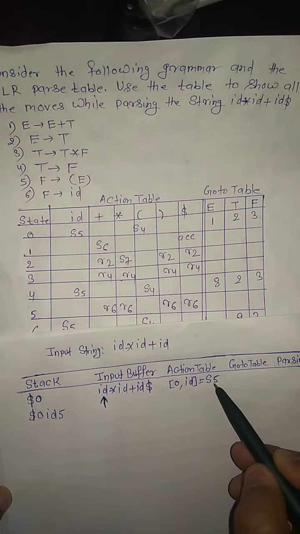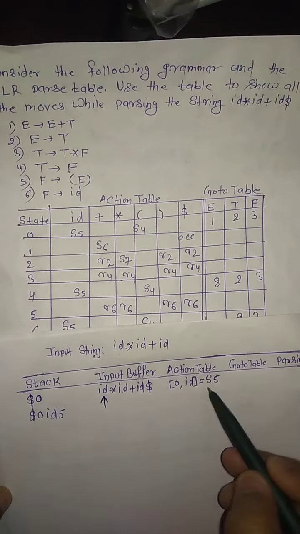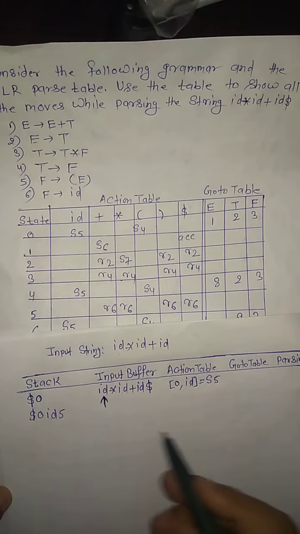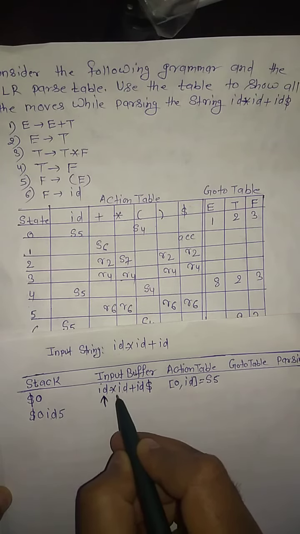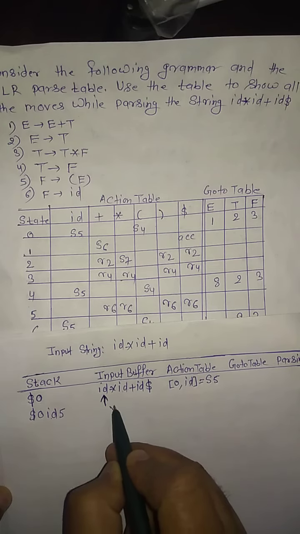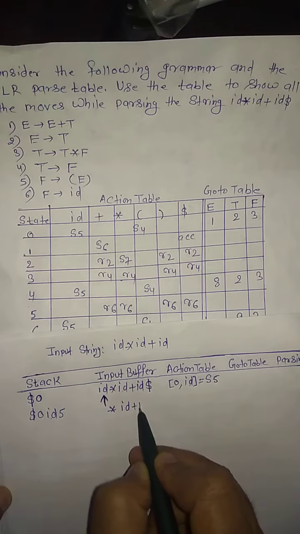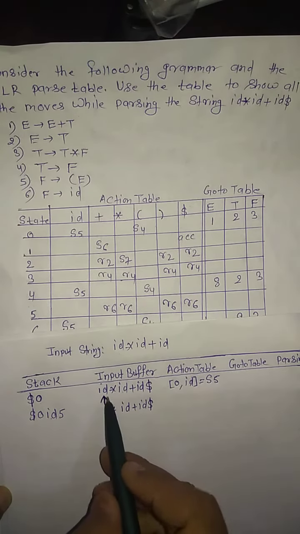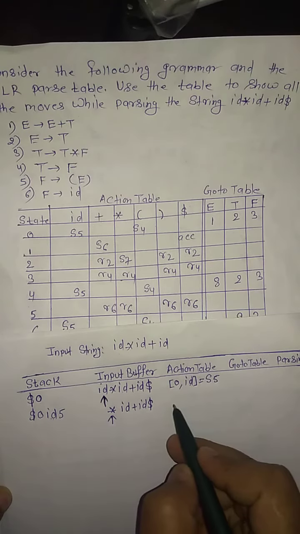S means shift, so I shift the ID onto the stack, and we also shift the 5 onto the stack. After the shifting, the input pointer moves to the next symbol, which is star, because the ID has already been shifted onto the stack.